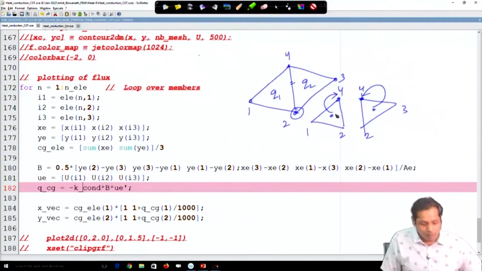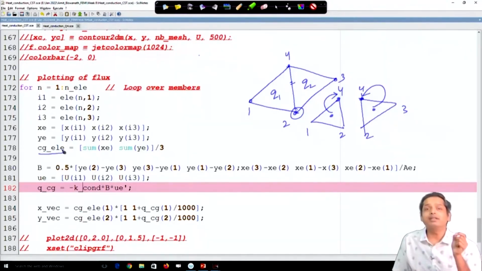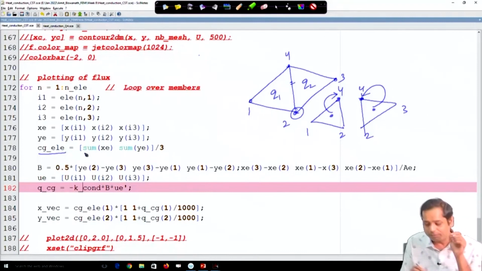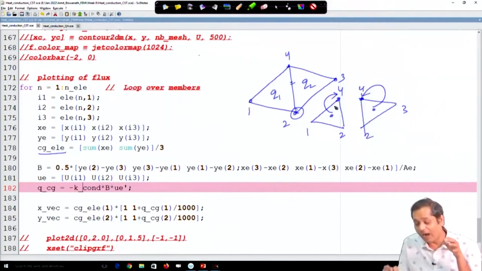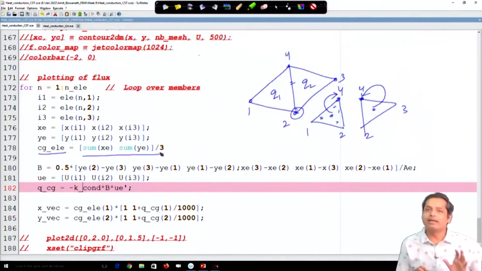This gives you the value. I have just plotted at an arbitrary point, because it is constant over the element. Whether you plot it here or there doesn't matter.